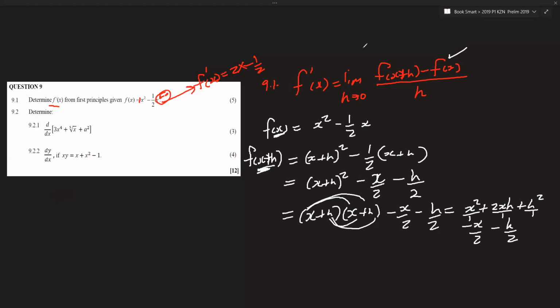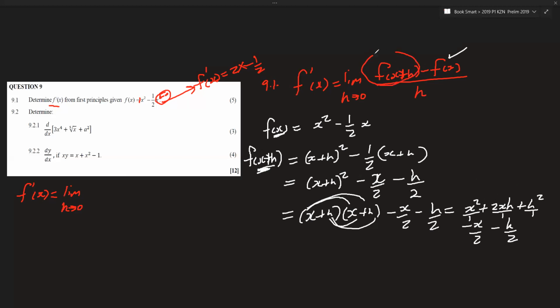Let's go back to our red color, but you show all the working out. Now I'm going to substitute the derivative of f of x as the limit as h approaches 0. Remember, f of x plus h is this, so I'm going to replace it with this.